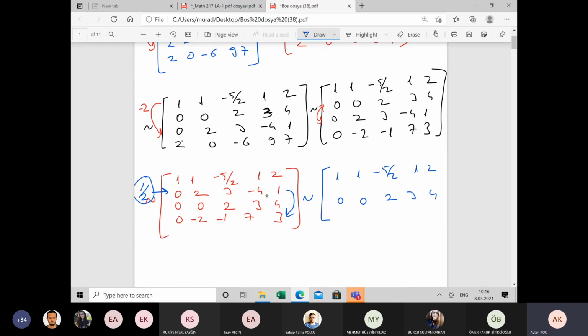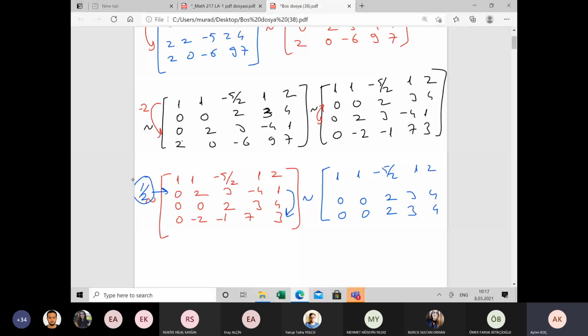Take the second row, multiply by 1, add to the last row, and so 0 2 minus 2, 0 3 minus 1 2 minus 4 plus 7 3 and 1 3 4, and then apply this one, multiply by 1 over 2. It's okay, and 0 1 3 over 2 minus 2 1 over 2. It's okay.